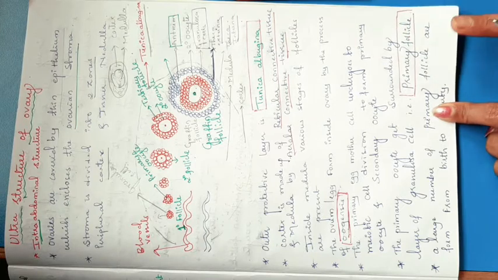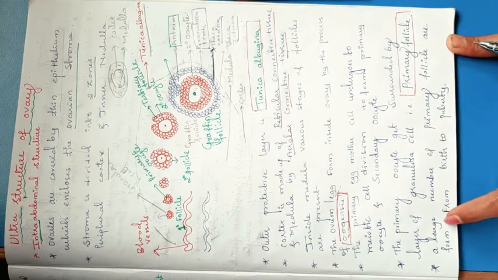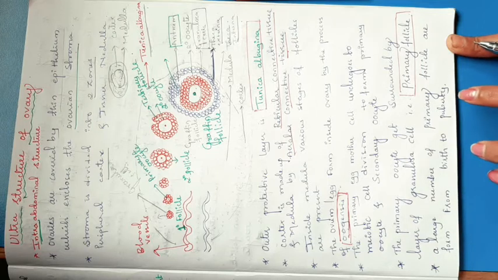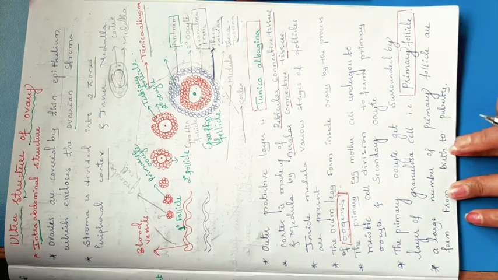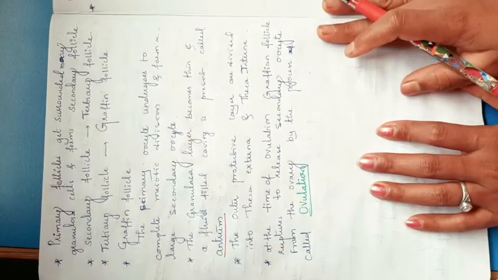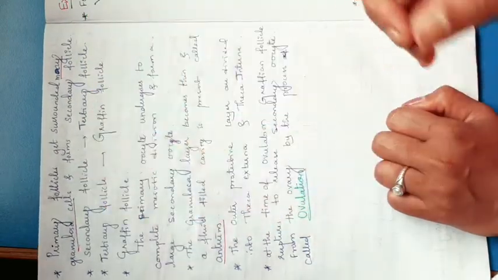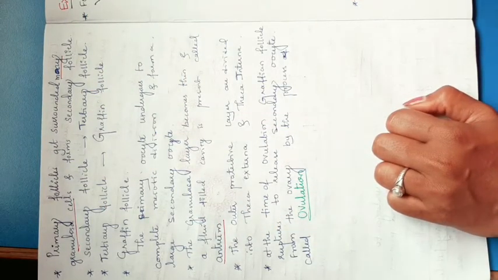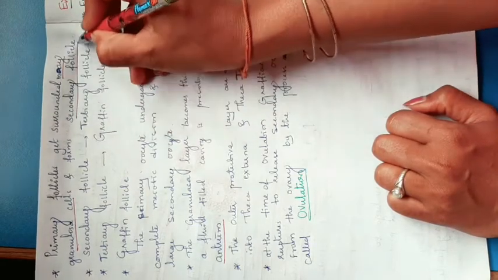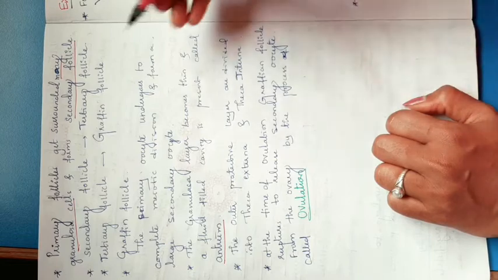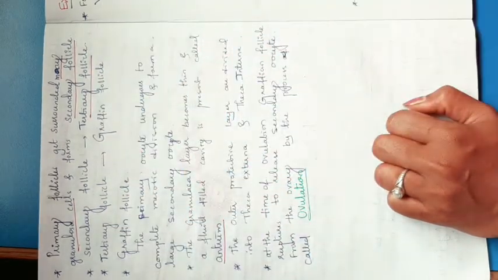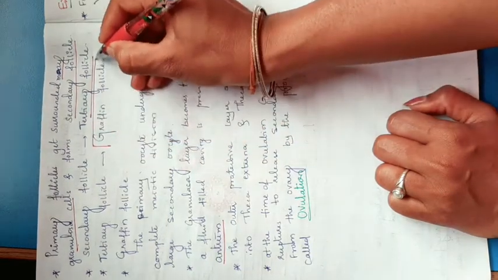A large number of primary follicles are formed from birth to puberty. After puberty, the primary follicle converts into a secondary follicle, as the thin layer of granulosa cells becomes multi-layered. The secondary follicle becomes the tertiary follicle. The tertiary follicle matures to form a Graafian follicle.